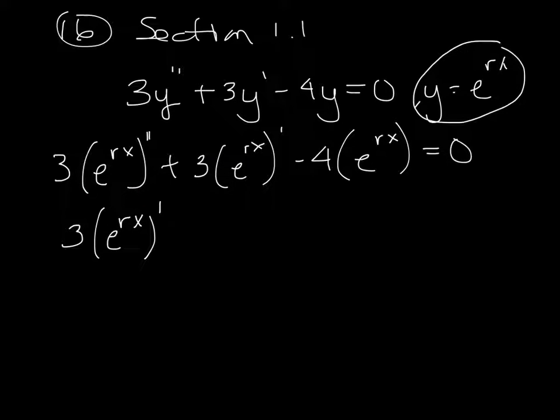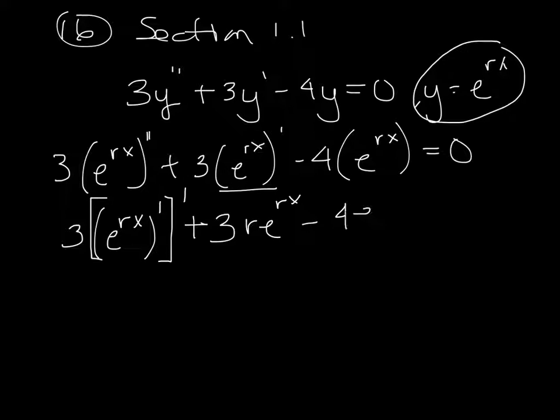So here's one derivative, and then I'm going to take another derivative to make it the second derivative. And then this guy is pretty easy. The derivative of this exponential function, in the form e to the kx, is re to the rx, minus 4e to the rx equals 0.